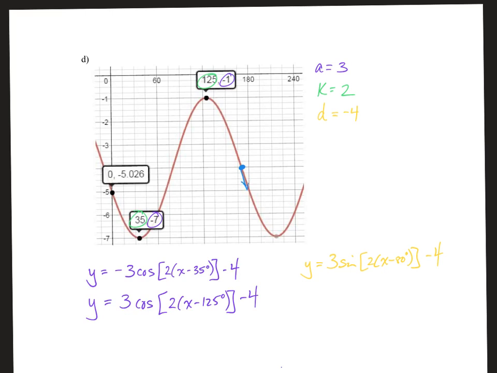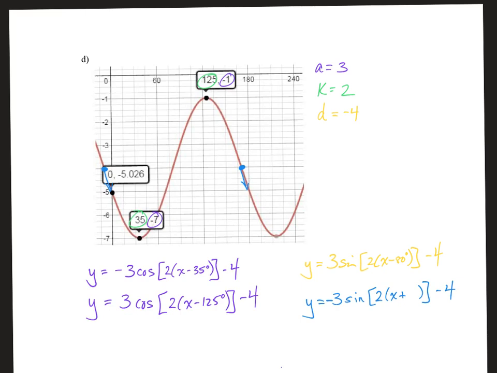I would actually have this point over here that would be in the middle and falling, and that would be a shorter phase shift. It would require me to phase shift it, on a negative sine curve, to the left, which tells me I would have to be adding that value on the inside.